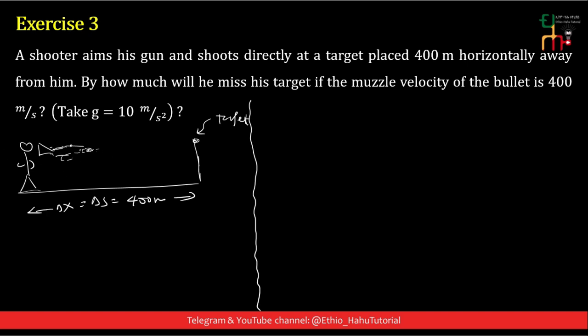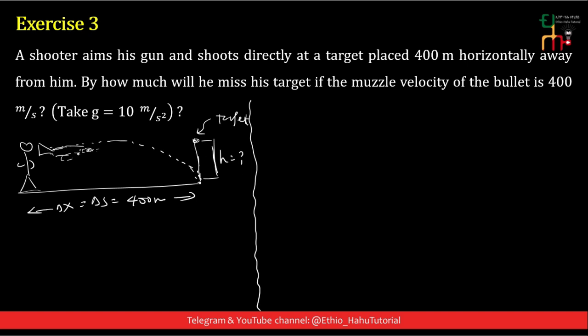This bullet moves in this direction and reaches this point. Therefore, first, the time required to move this horizontal distance is the same as the time taken by the bullet to fall this vertical height. This is the missing height because the target is this one.